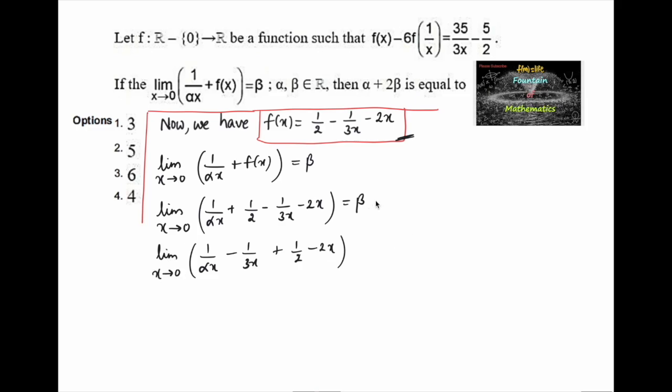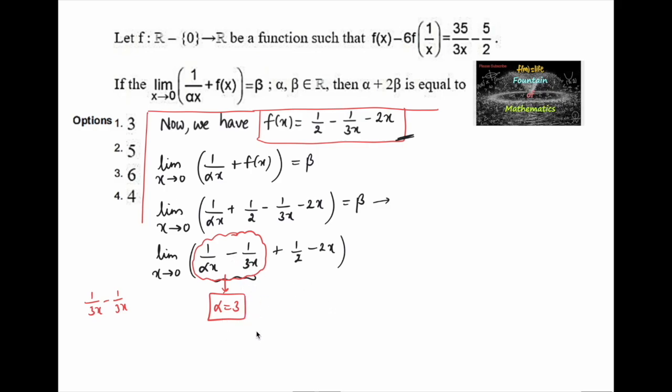Since the limit value is finite, and here 1 upon alpha x and 1 upon 3x, 1 upon alpha x minus 1 upon 3x is finite only when alpha is equal to 3. So that 1 upon 3x minus 1 upon 3x will become 0. So alpha must be equal to 3 to get the limit value.